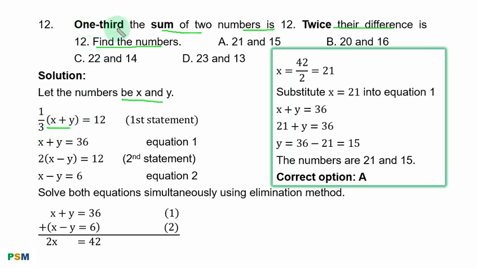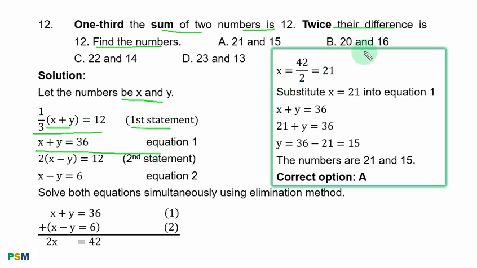Then 1/3 the sum, that is 1/3 times the sum, is equal to 12. That is what you have here. First statement, multiply through by 3 to clear fraction. You have this as equation 1.